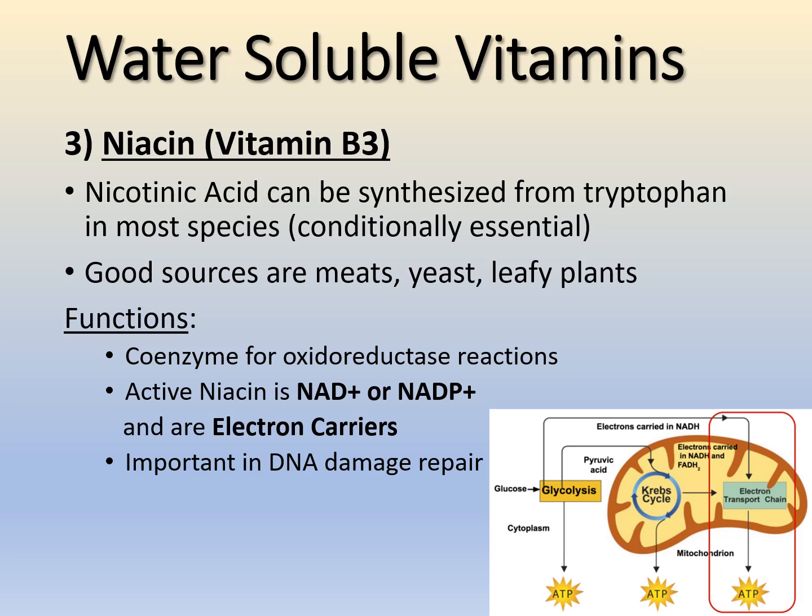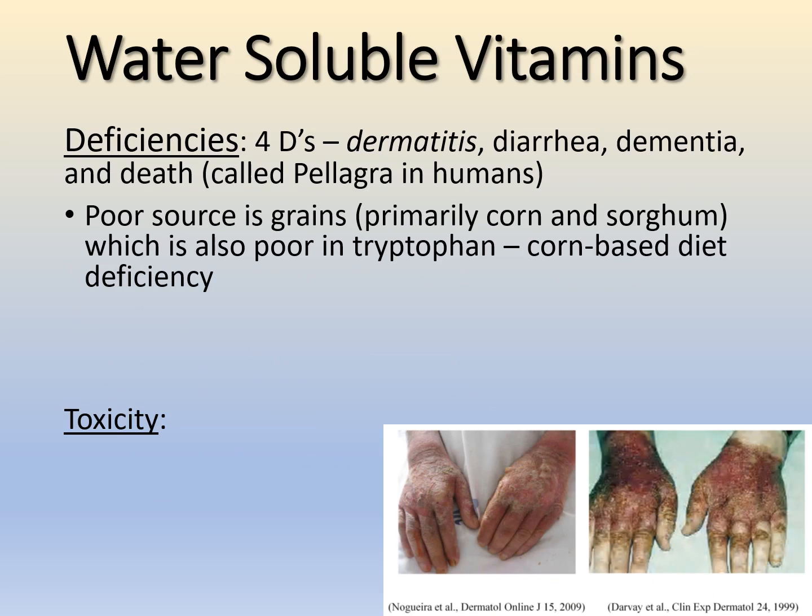And again, it's a coenzyme for those oxidoreductase reactions, important electron carriers in the electron transport chain. So very similar to riboflavin, vitamin B2 that we just talked about. Both have to do with cellular respiration and the electron transport chain. It's also important in DNA damage repair, so there's some antioxidant activity there as well.